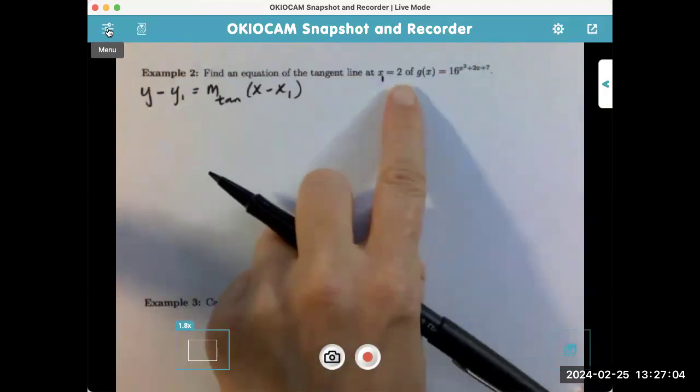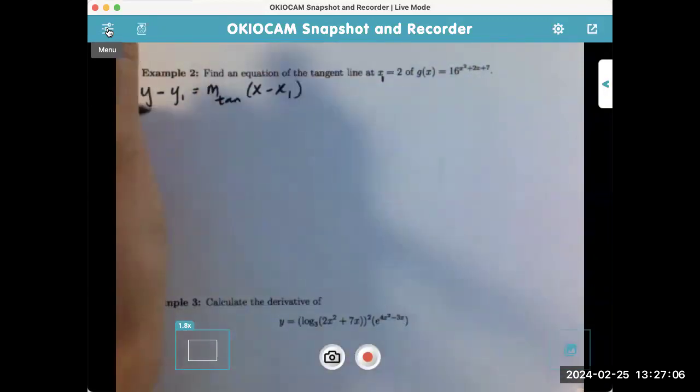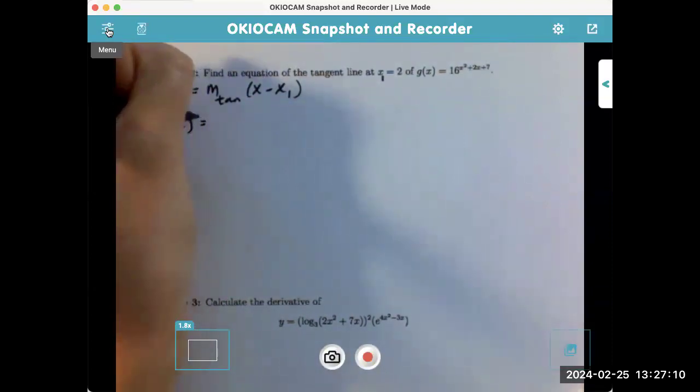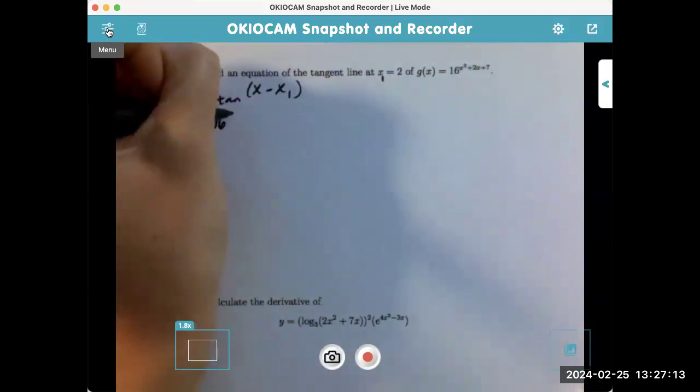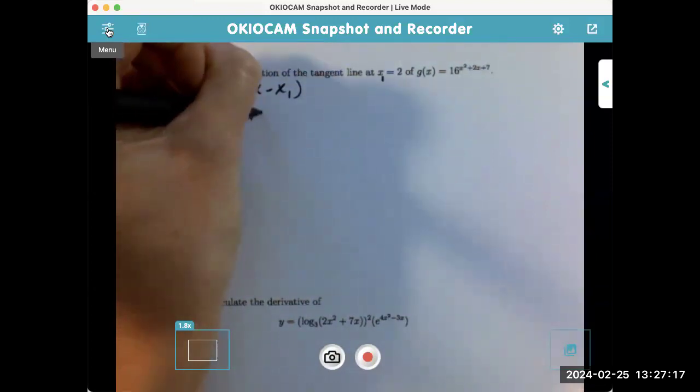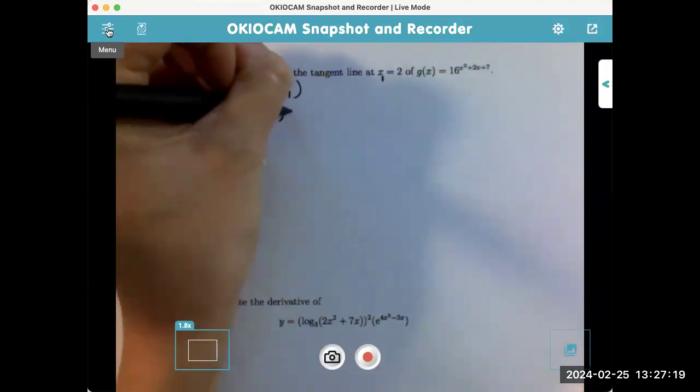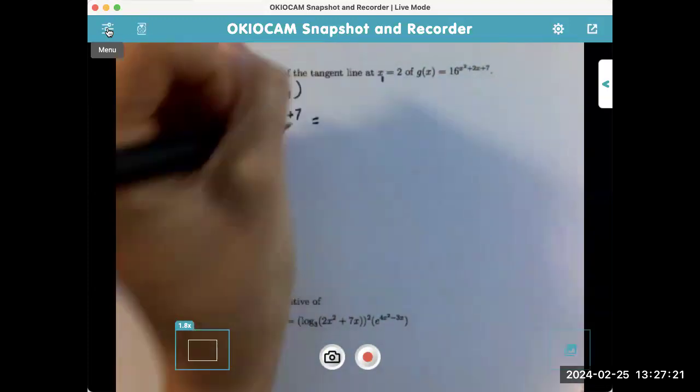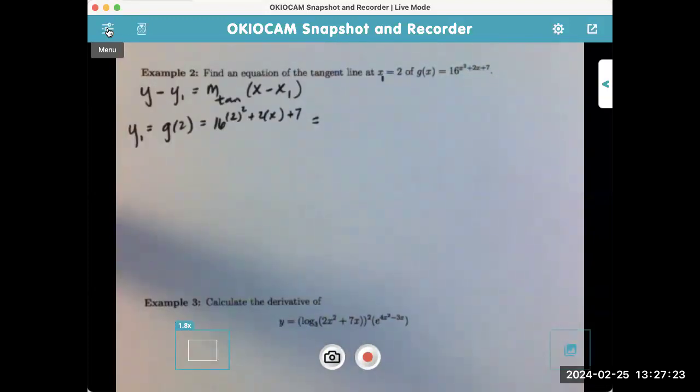Our x1, so to speak, is 2. Our y1 is g of 2. So that is 16 raised to the 2 squared plus 2 times 2 plus 7, which I'm going to cheat and grab my handy dandy calculator.